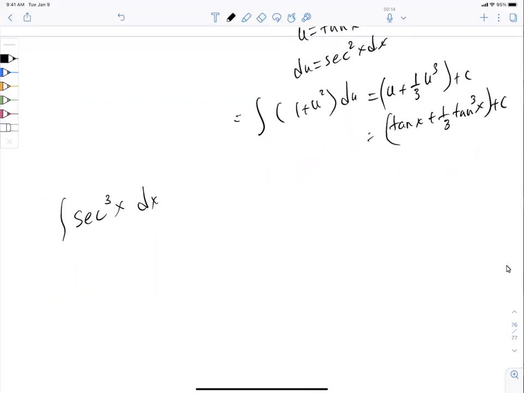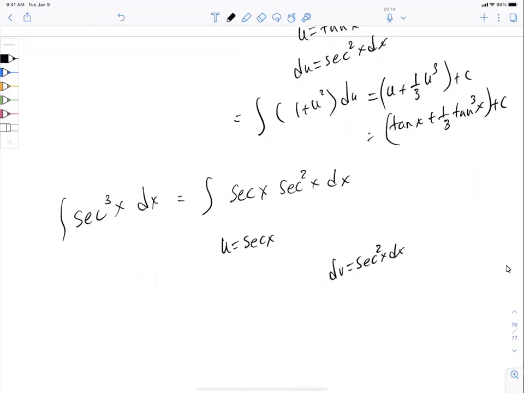So actually, this is one of the fun ones. What we do is we're going to split it, as you would probably guess, as secant x times secant squared x dx. That's a first split. Then I'm going to do integration by parts. I'm going to let u be secant x, dv be secant squared x dx. That makes v be tangent x, and du be secant x tangent x.